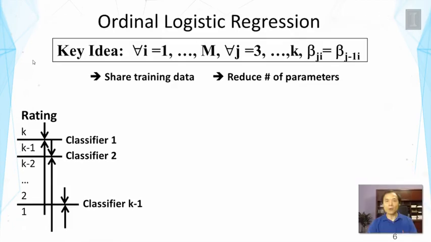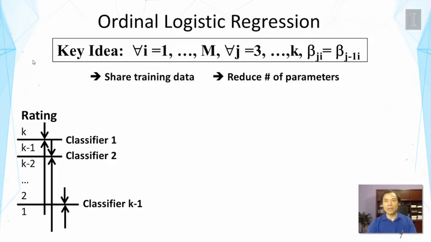Now the idea of ordinal logistic regression is precisely that. The key idea is just the improvement over the k-1 independent logistic regression classifiers. And that idea is to tie these beta parameters.